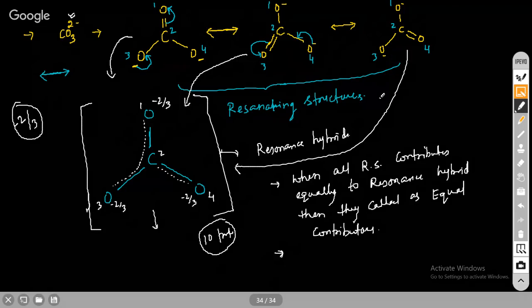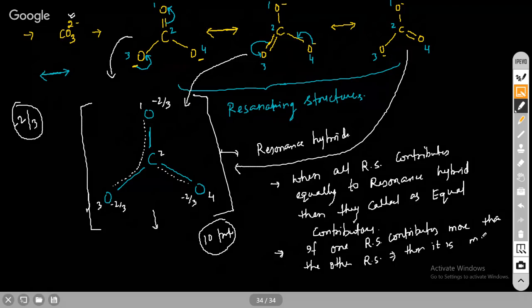Write down this: if one RS contributes more than the other RS, then it is the major contributor, and the others are minor contributors.